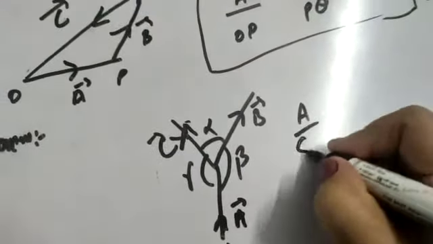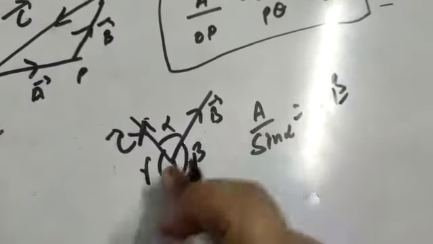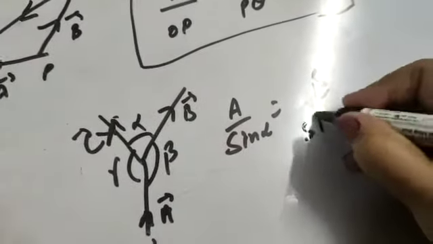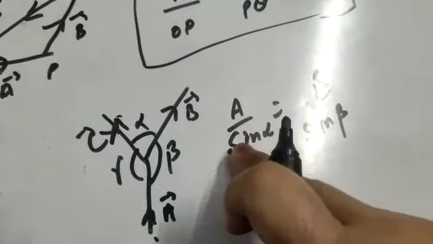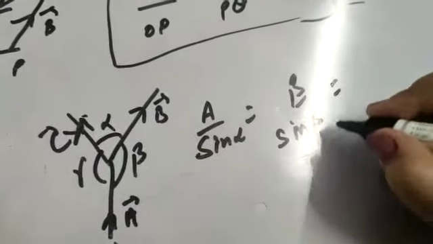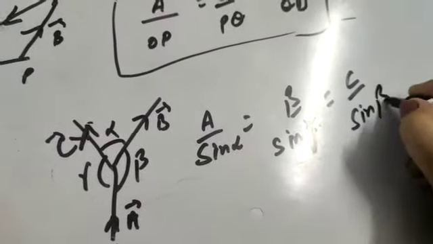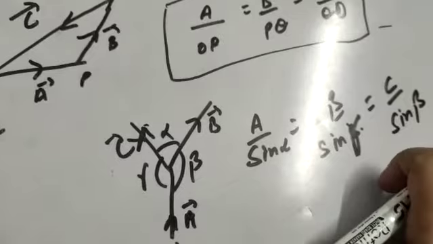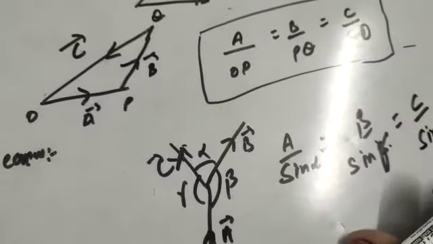A upon sine alpha is equal to B upon sine gamma is equal to C upon sine beta. So their ratios are equal. This is known as the equilibrium condition, or condition of zero resultant.